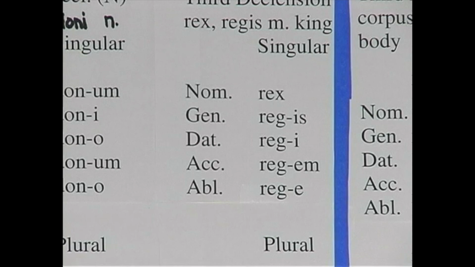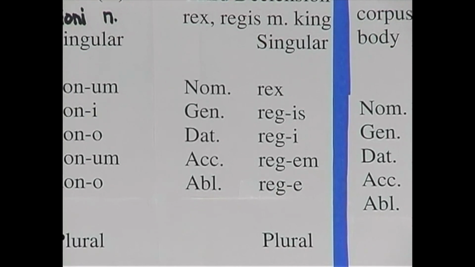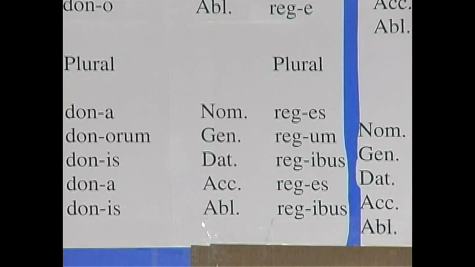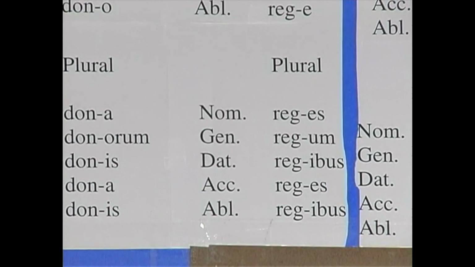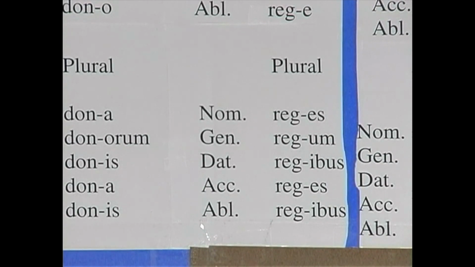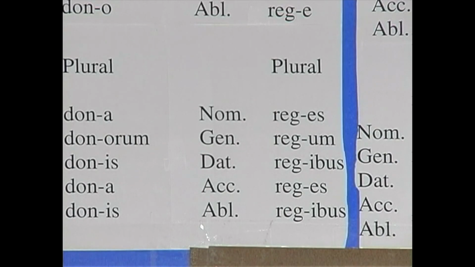It's always different how the nominative singular is spelled, but the rest of the system is the same. So you simply memorize those endings just like you do for the first and second declension. You attach those endings to the noun base, and you form the noun in its declension.